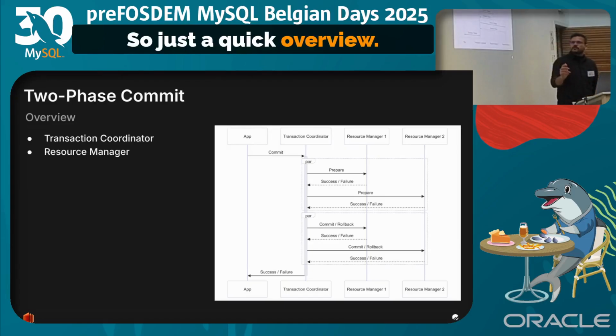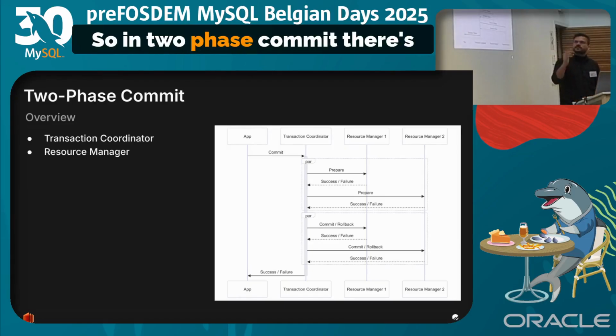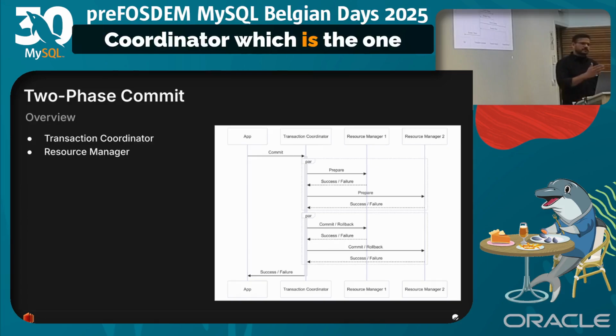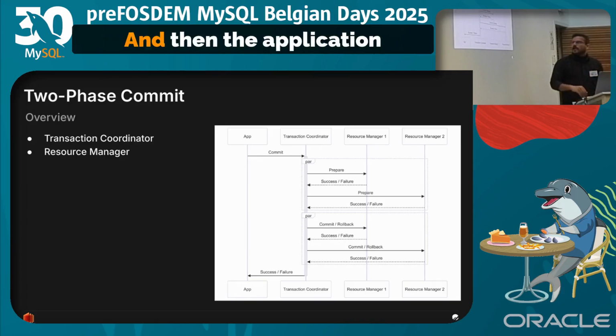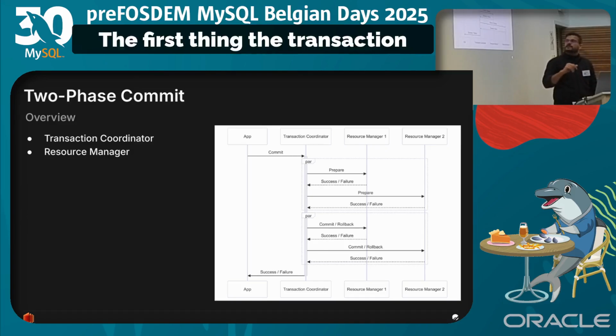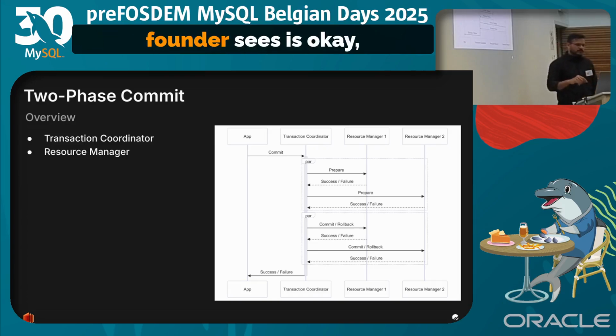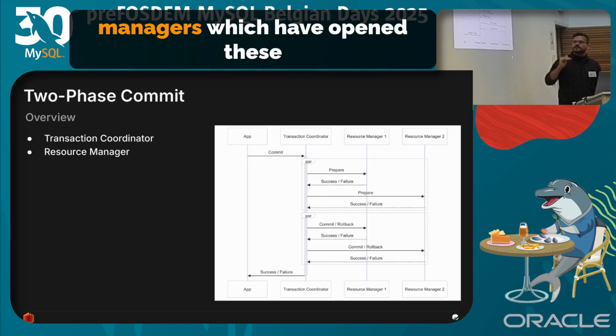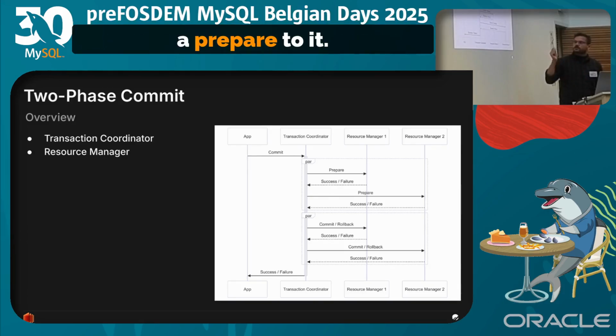So just a quick overview. In two-phase commit, there's something called a transaction coordinator, which is the one your applications talk to. And then the application sends that, okay, I'm done with everything. Now I want to commit the transaction. The first thing the transaction coordinator does is see which resource managers have opened these transactions, and it sends a prepare to them.